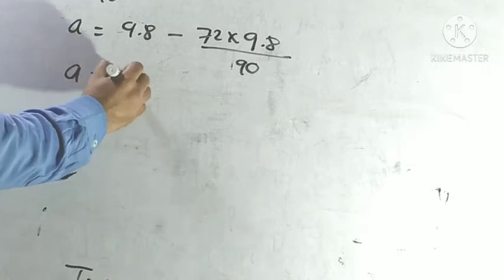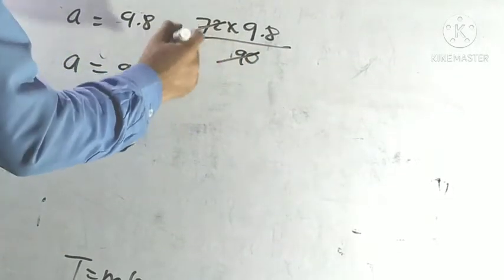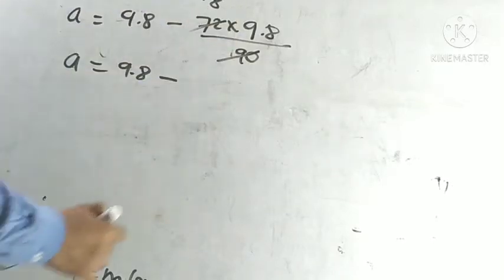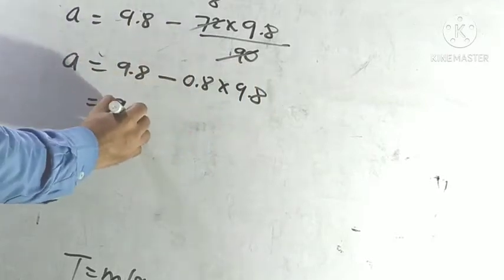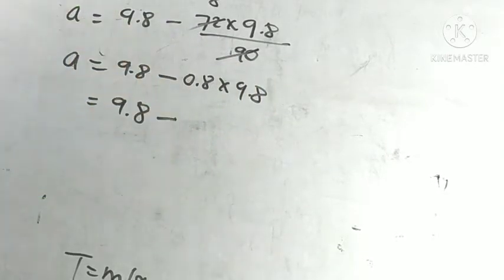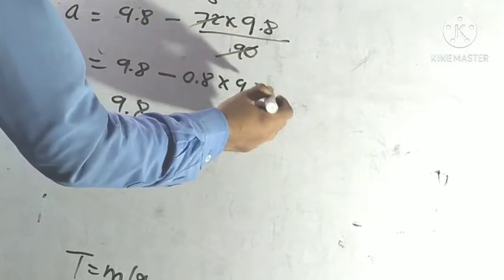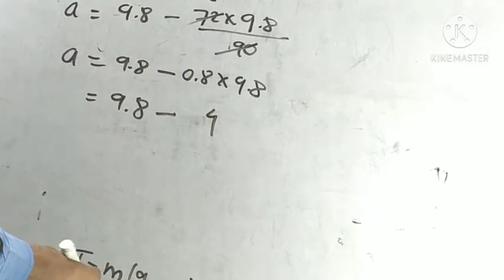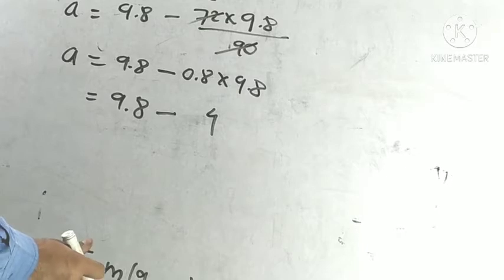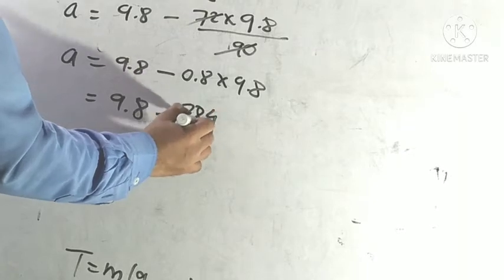Acceleration is equal to 9.8 minus 0.8 into 9.8, and its value is 7.84.